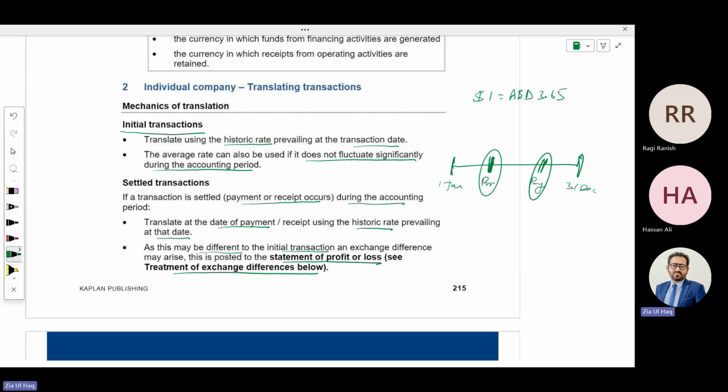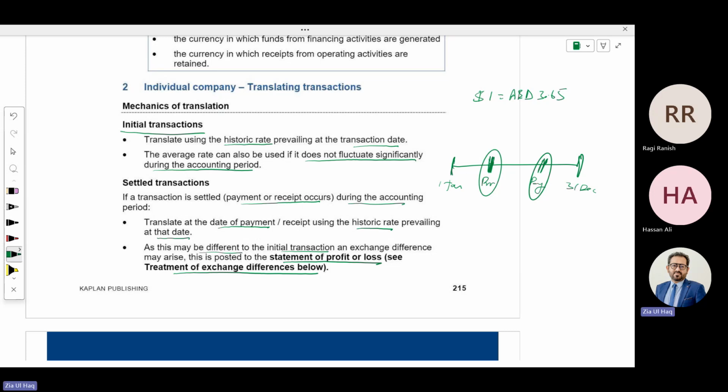Suppose while making the purchase, the rate was 3.65. While making payment, the rate went up to 3.70. So 0.05, we are paying more. So that will be a loss recorded in the profit and loss account.